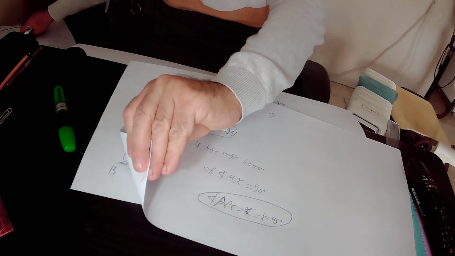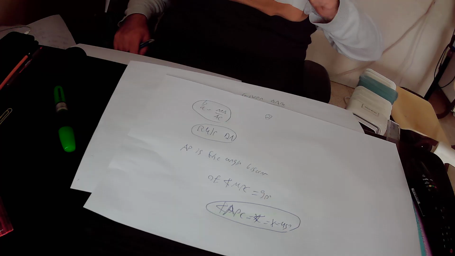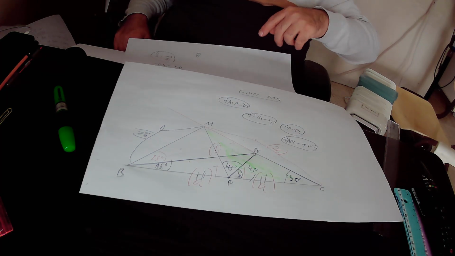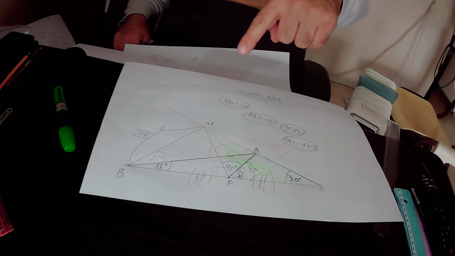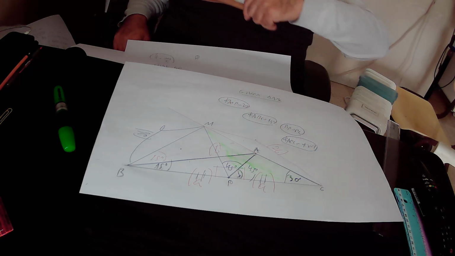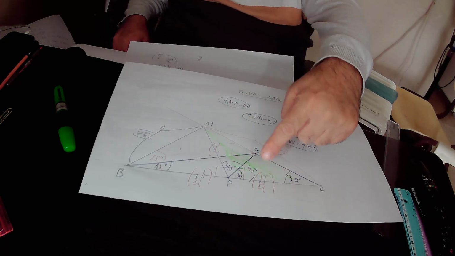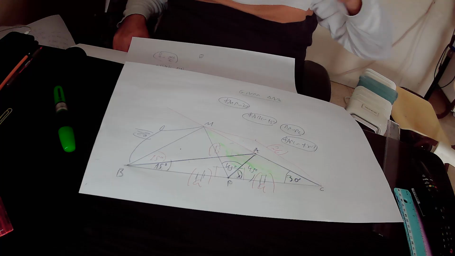Now note that B over A equals AM over AC. If we focus on the green triangle MPC, we found that B over A equals MA over AC.